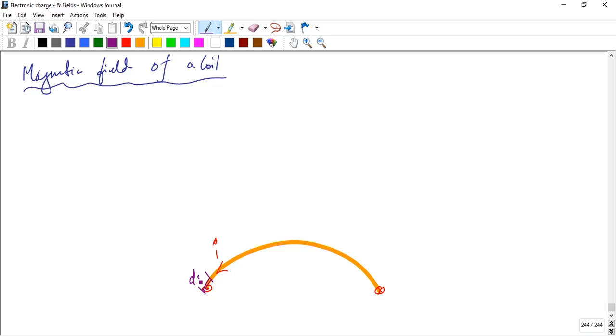From the center, this is actually a half circle. We calculate the magnetic field at this point P. That is a very small length, and this is r, and there is a capital R here, the radius, and that is z from the center of the loop.